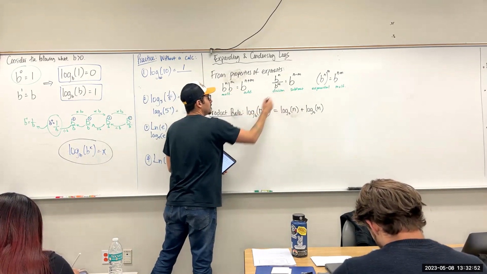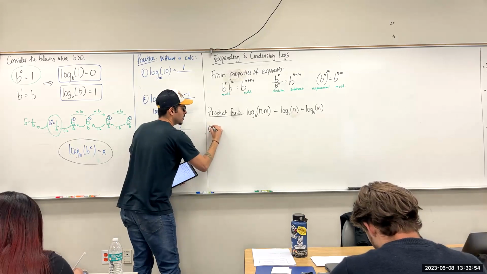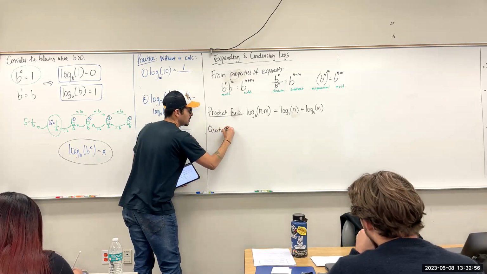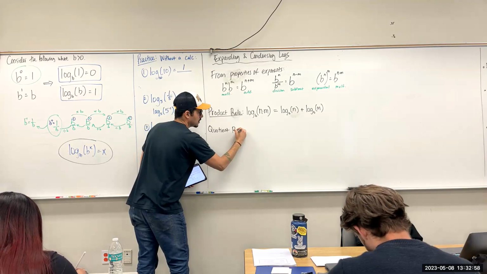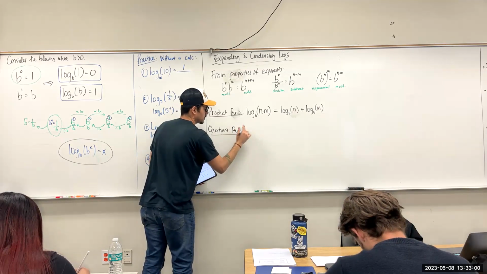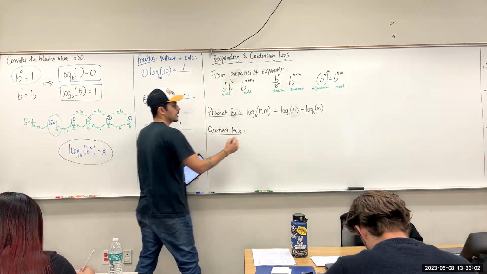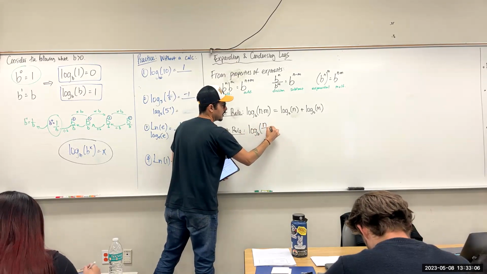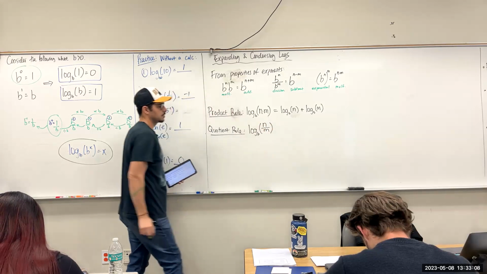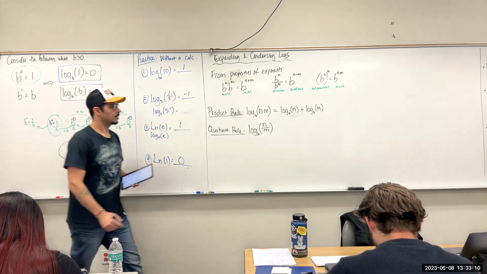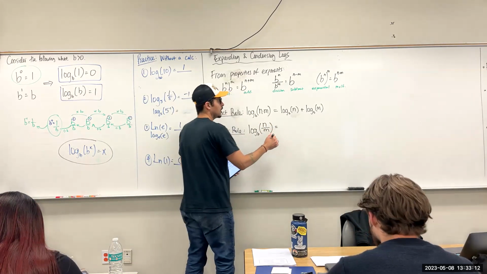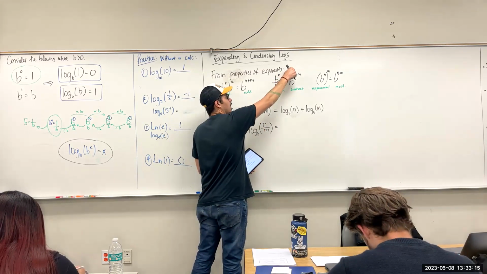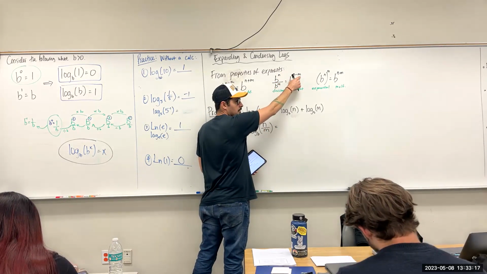This second exponent property produces another rule called the quotient rule. That says if I take the log base b and I have something inside of it dividing, you guys see how here we subtracted the top exponent minus the bottom exponent?